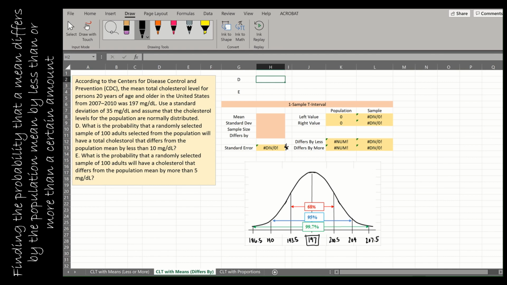And so if it's saying differs by less than 10, we're saying, okay, we could go 10 in this direction, which would put us at 207. Or we could go 10 in this direction, which would put us at 187. And a difference of less than 10 would be anything between those two values.